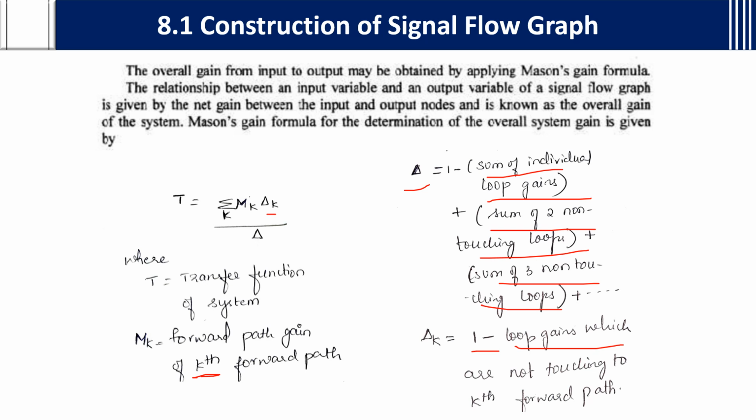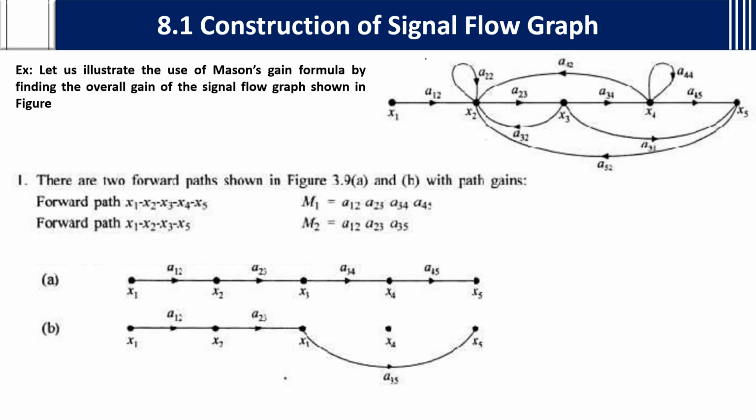We will see some sums, then you will understand how exactly the signal flow graph is constructed and how to apply Mason's gain formula.